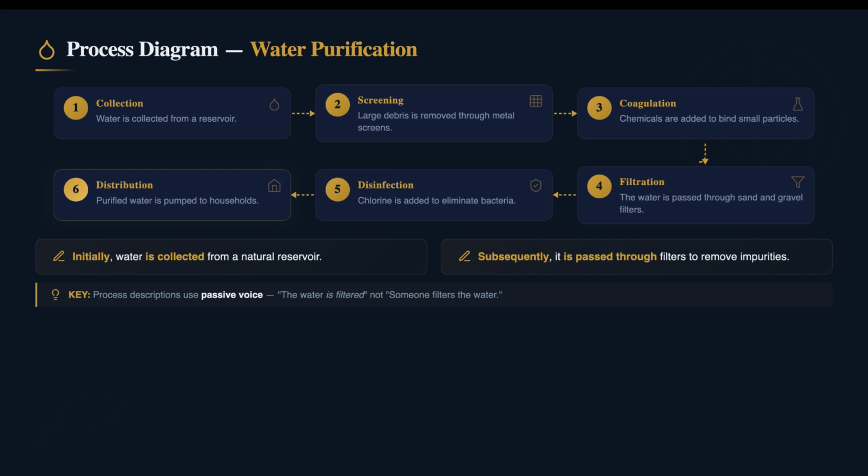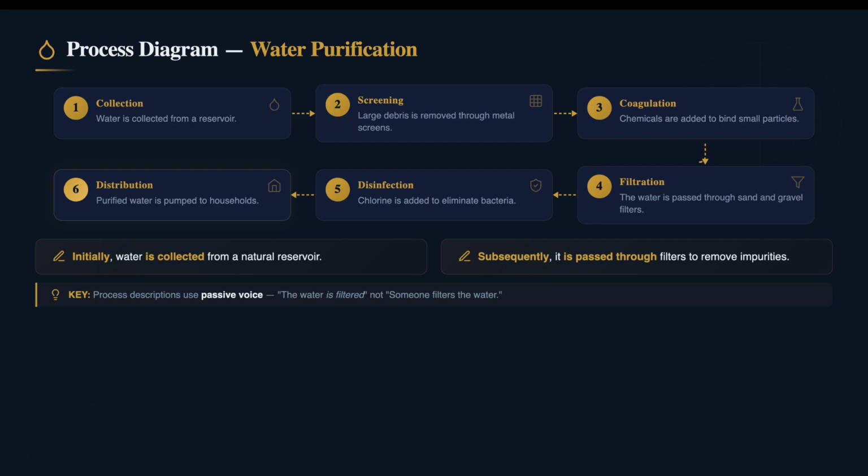First, it starts with collection, which means the water is collected from the reservoir or its original places. And then stage two, screening. Screening refers to large debris being removed through a metal screen.